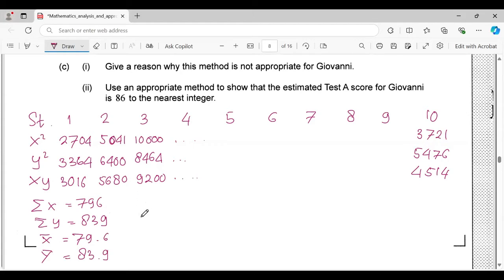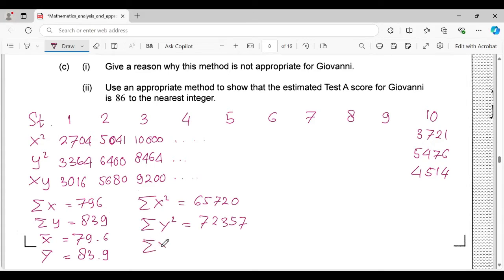And then after that, sigma x squared. Sigma x squared is 65,720. Sigma y squared is 72,357.